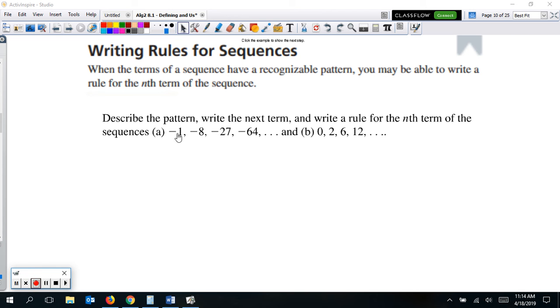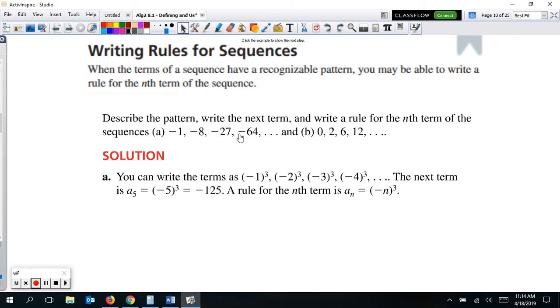So here's our sequence for A: -1, -8, -27, -64. And for this one we can see, well, these are all perfect cube numbers. So we're going to be cubing the negative form of each of our numbers as we plug them in. 1, 2, 3, 4, as we plug those numbers in, we're going to be cubing the negative form of that.